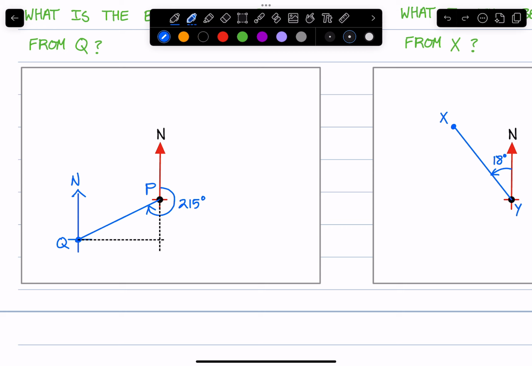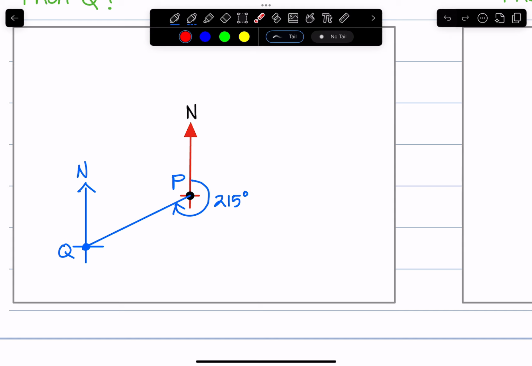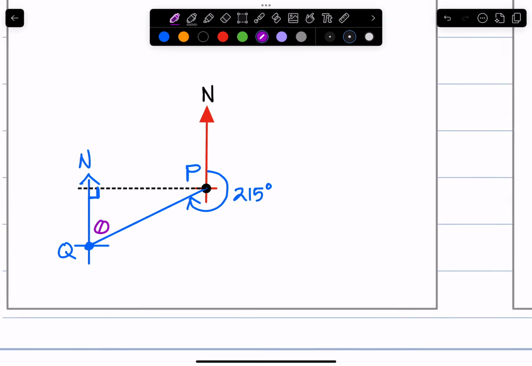Now this requires a bit more calculation in order to find this angle as our true bearing. Actually, let's complete the triangle the other way. Let's complete it this way. There's our 90-degree triangle, and we're looking for this angle here.